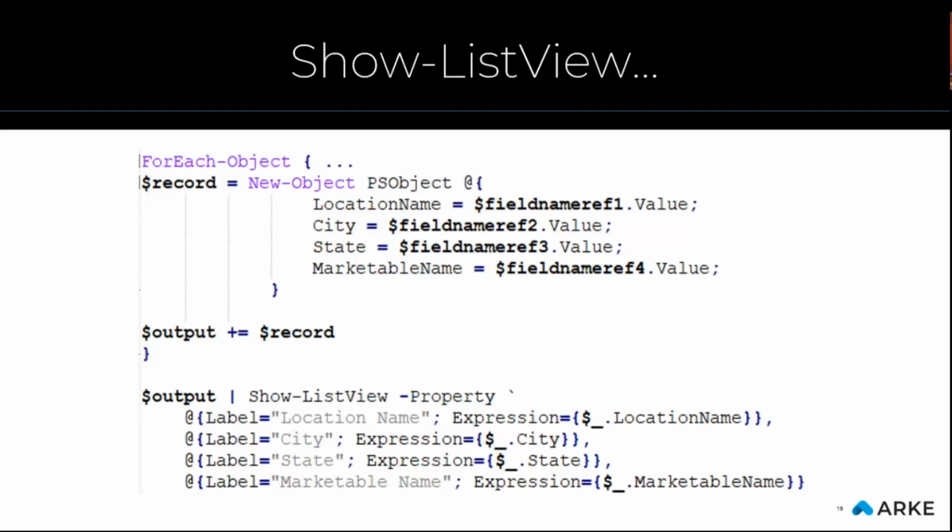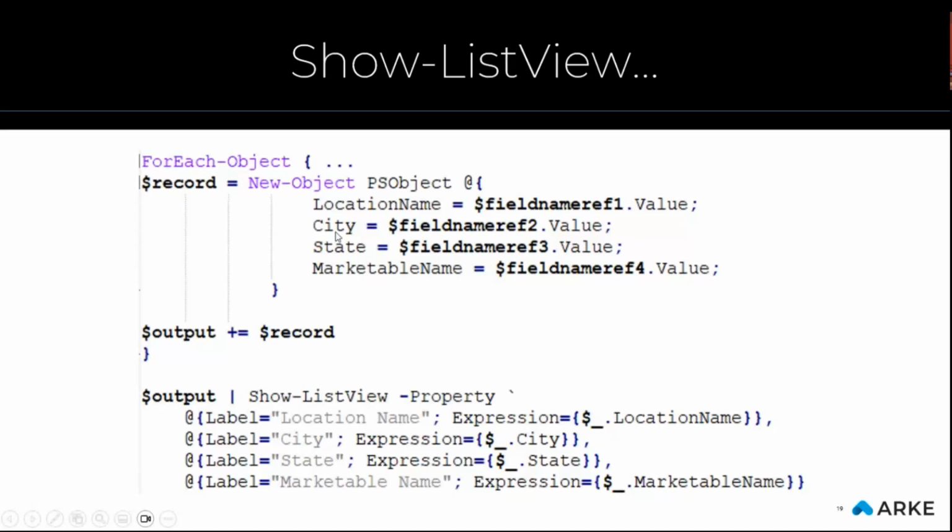What happens when you use the Show-ListView command is that it generates a modal containing the information you pass to it. Usually the way this starts is that you create a new object. I tend to call it a record, where you include the information you want to capture for that object. Then what you want to end up with is an output, which is an array of each one of these records.